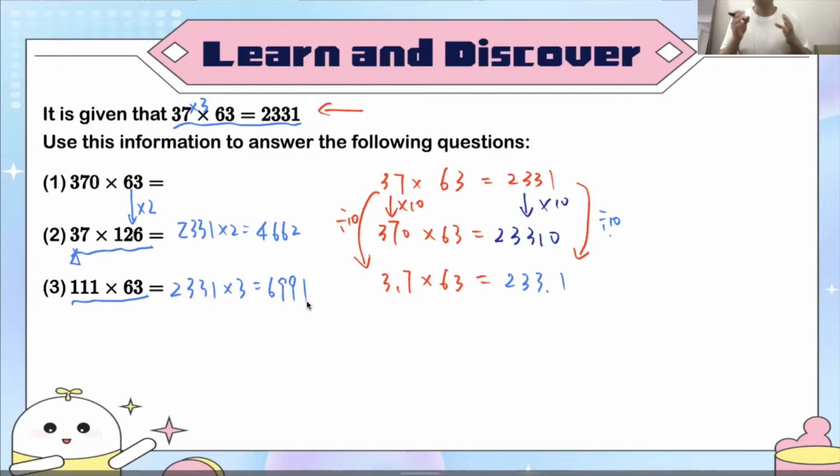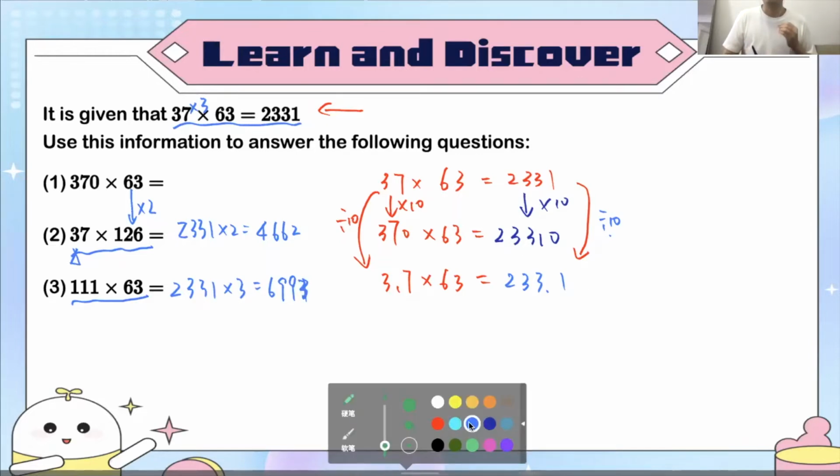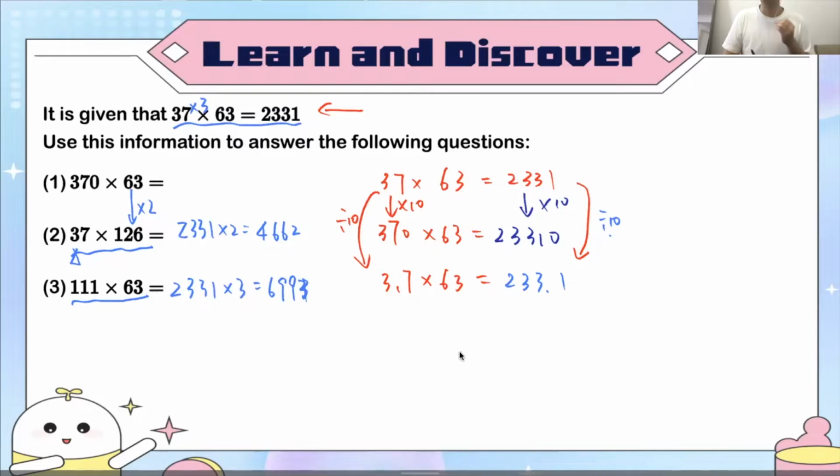In this question, we know that if we keep one multiplier the same and change the other multiplier, we still do the same operation on the product.